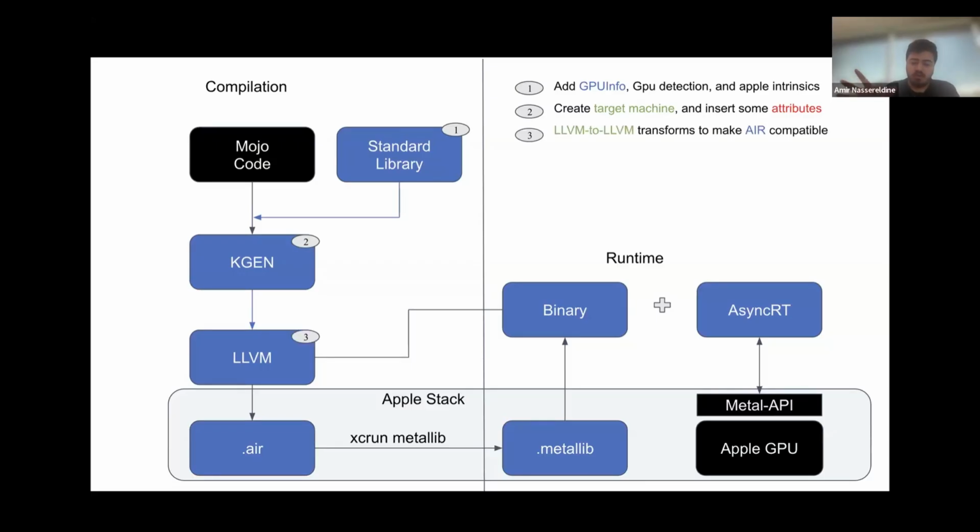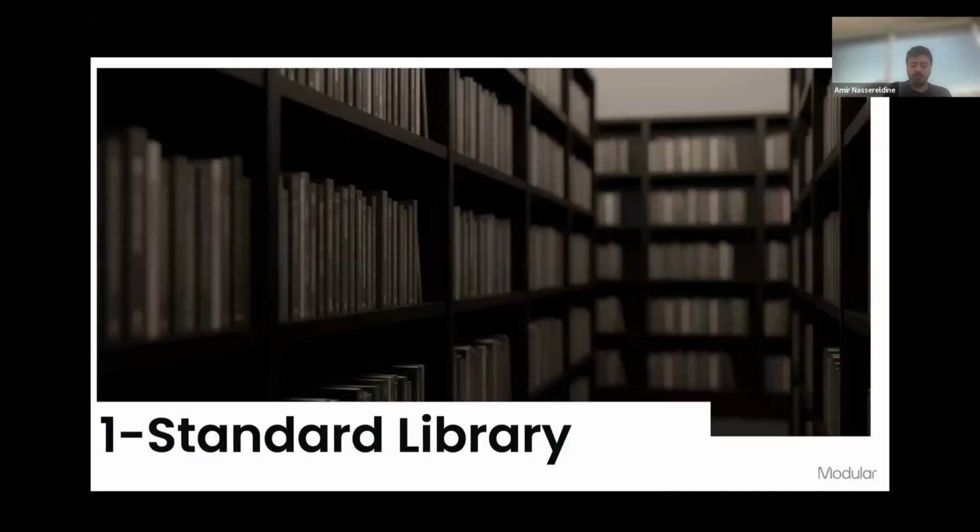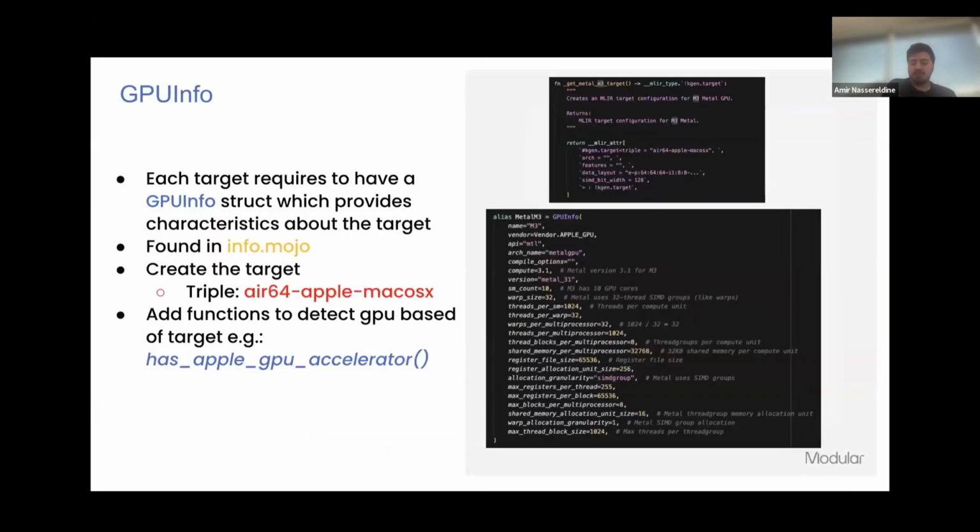And in LLVM, I need to make some modifications to make it output something that Apple would expect. But there's also another thing, which requires a custom bitcode writer. I'll talk about why we need this, and then a little bit about implementing the device context for Metal in the runtime. So for the standard library, I think it's a little bit simpler.